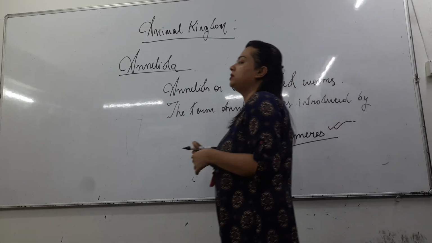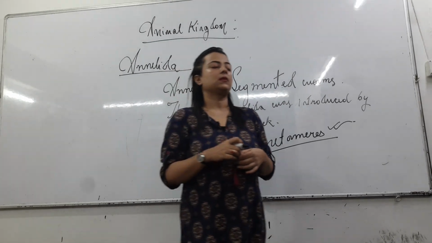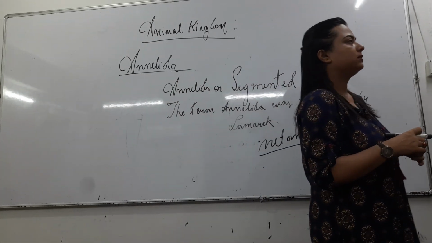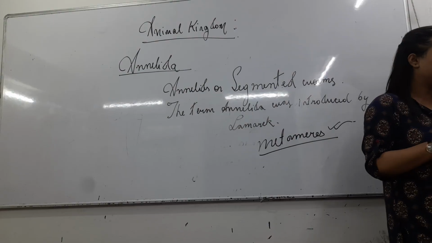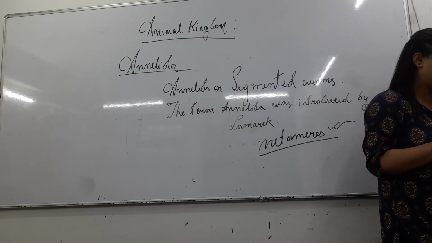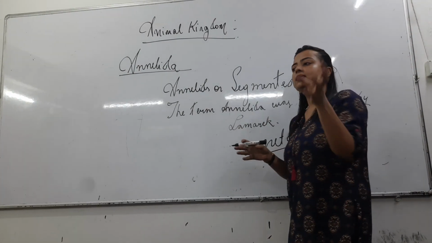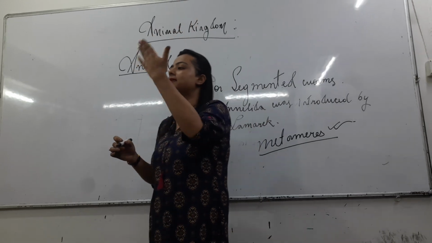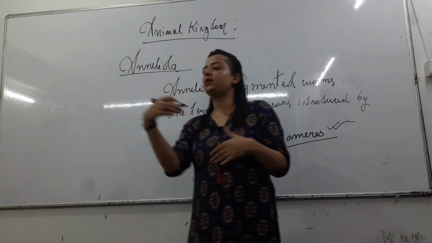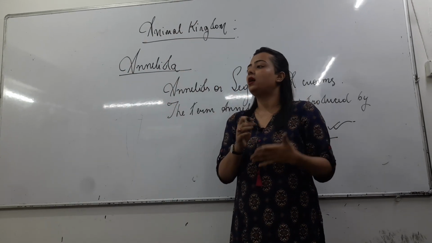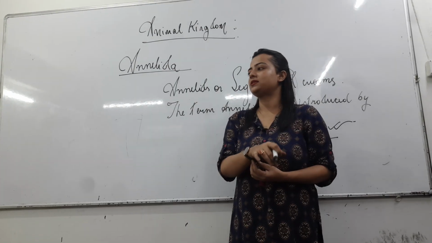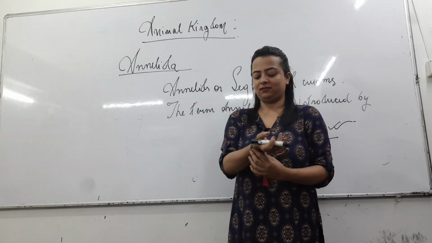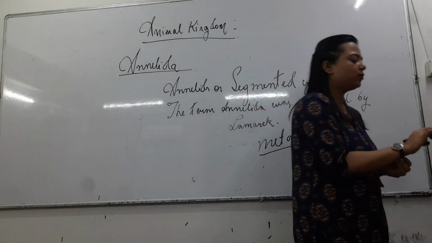True segmentation means the body is externally and internally divided into many segments, and each segment has some repetition of organs. Your organs will repeat. Humans also have segmentation. What do we have? Rib cage. Yeah.